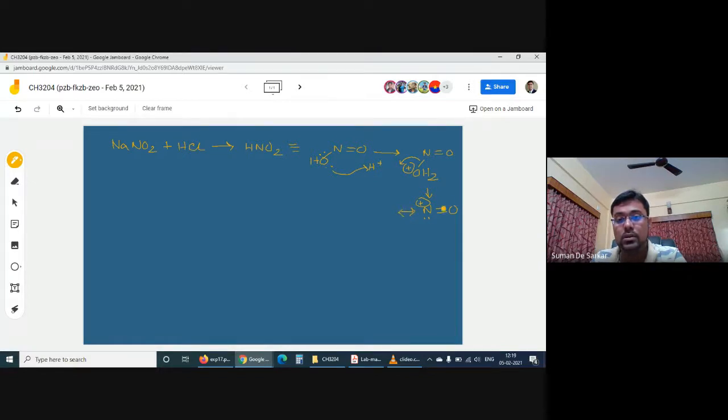But this oxygen will feel the pain of nitrogen and can donate one pair of electrons through this resonance. Although now oxygen becomes plus, this resonance structure is more stable, because both the atoms have filled octets. Anyway, this NO plus is a reactive electrophile.